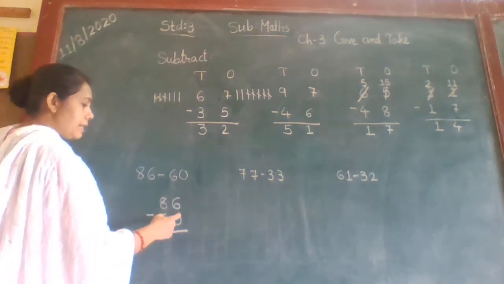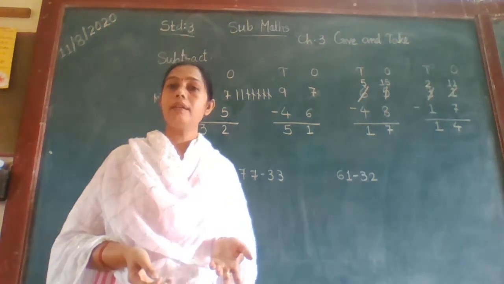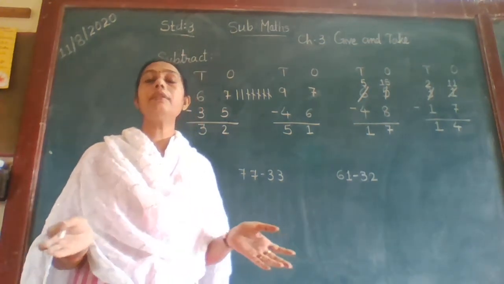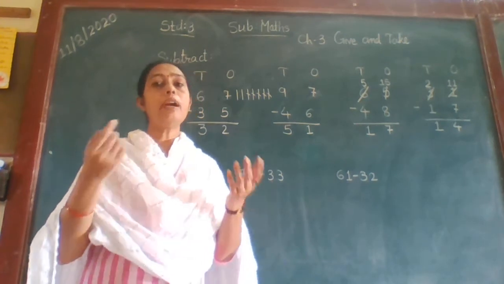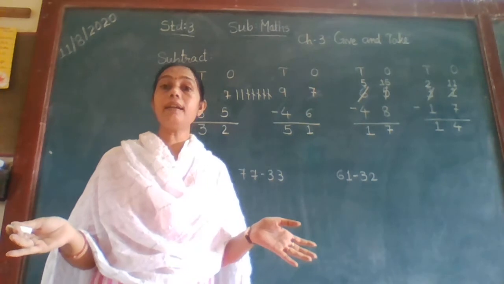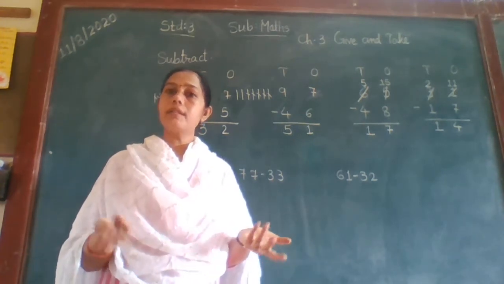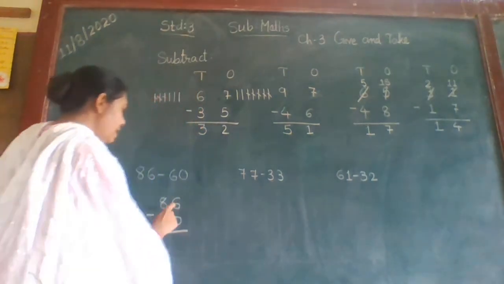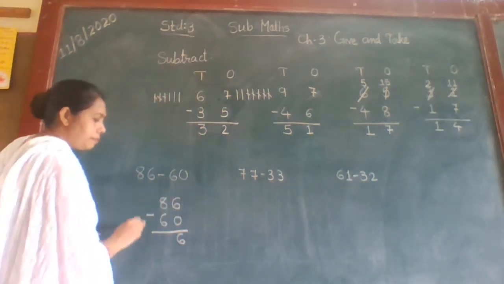Now 6 minus 0. 6 minus 0 means we have nothing to cut from 6. You have 6 chocolates and you do not eat a single chocolate. So how many chocolates remain with you? 6 chocolates. So 6 minus 0 is equal to 6 only.